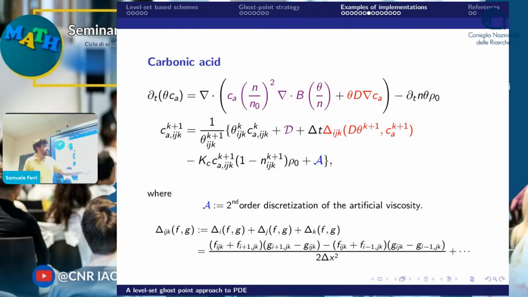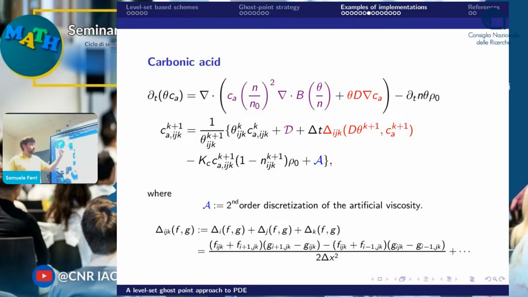Since this example is in 3 dimensions, delta ijk is the sum of 3 different sub-operators, let's call them, but it is just this kind of approximation. Delta I uses the discretization in the I direction, delta J uses the same but in the J direction, and K in the third direction.